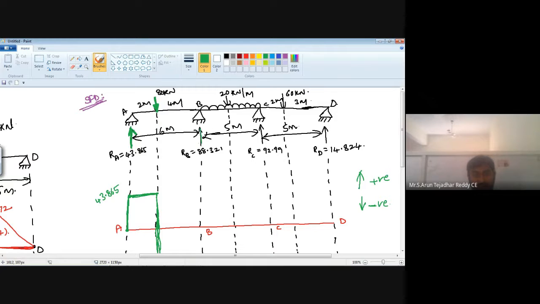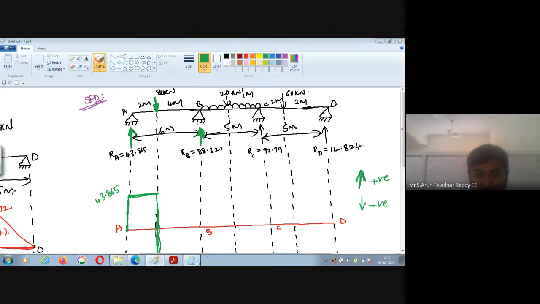we have one reaction RB. What is the value? 88.321, and it is moving upward direction, so your upward direction is considered positive.